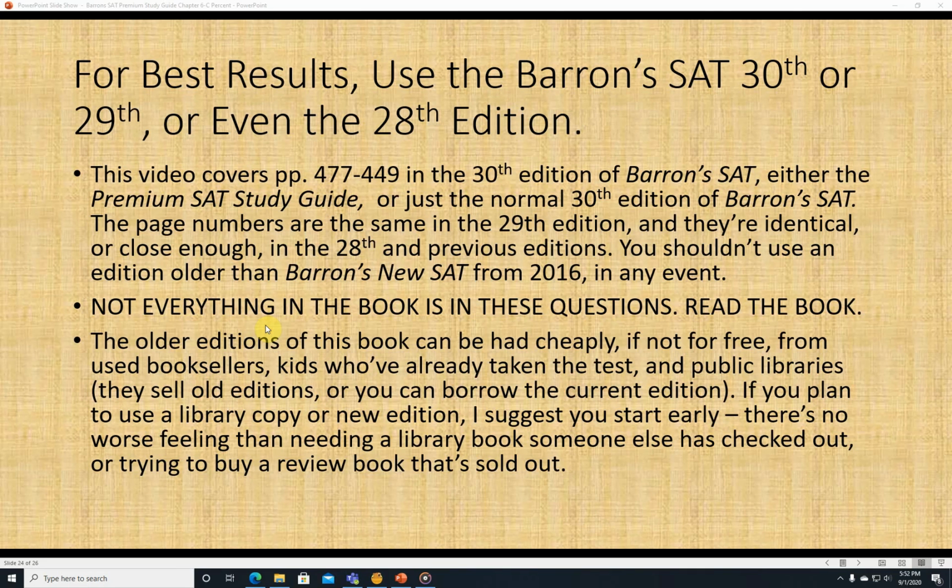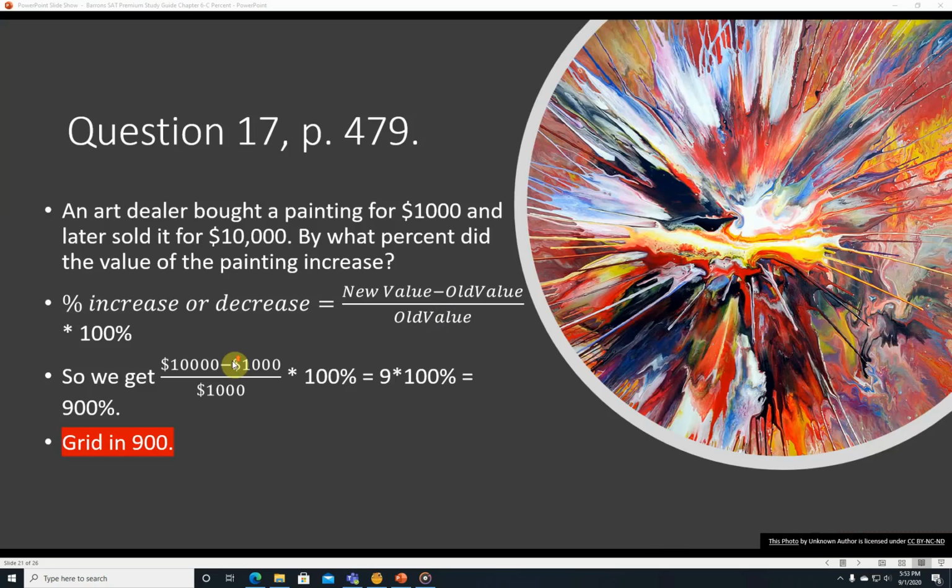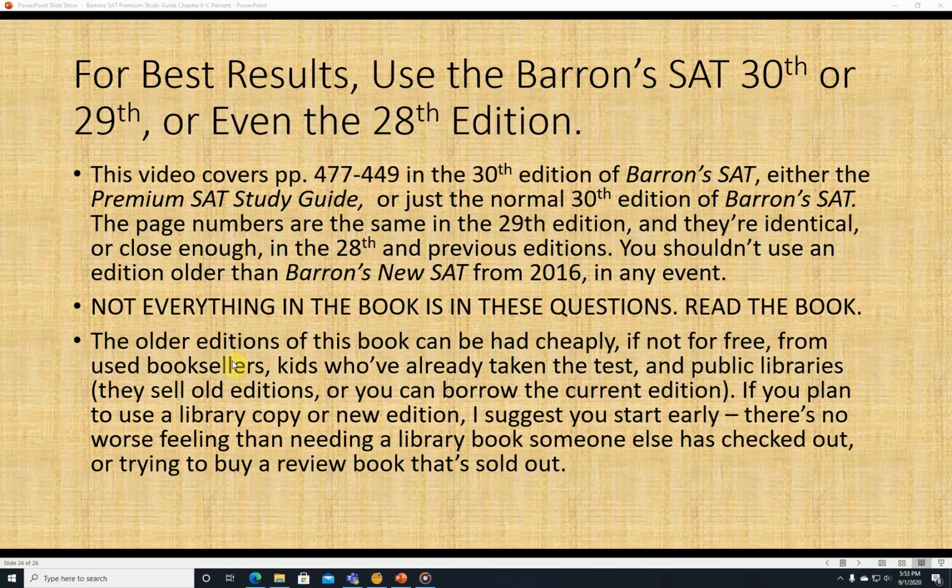For the best results, I do suggest you use the Barron's SAT 30th or 29th or even the 28th edition. As you should know by now, since we've gone through the whole thing, this video covers page 477 through, 449 anyway. Okay, obviously that's a mistake, so it's 477 through 479 in the 30th edition of the Barron's SAT, either the premium SAT guide or just the normal 30th edition of Barron's SAT.